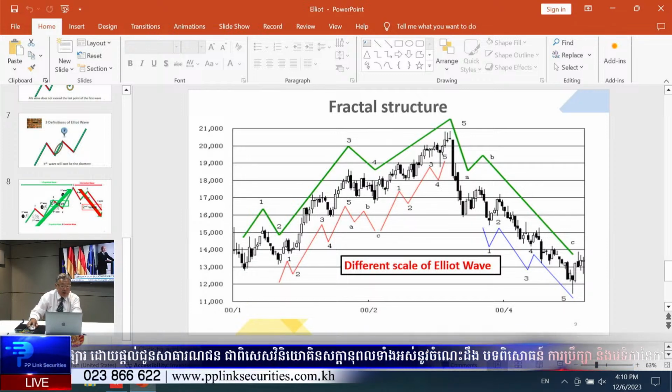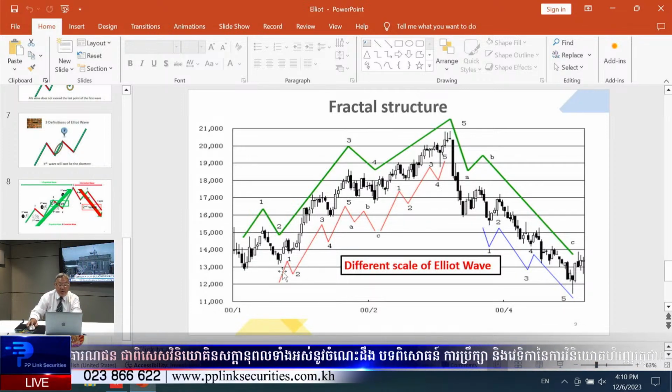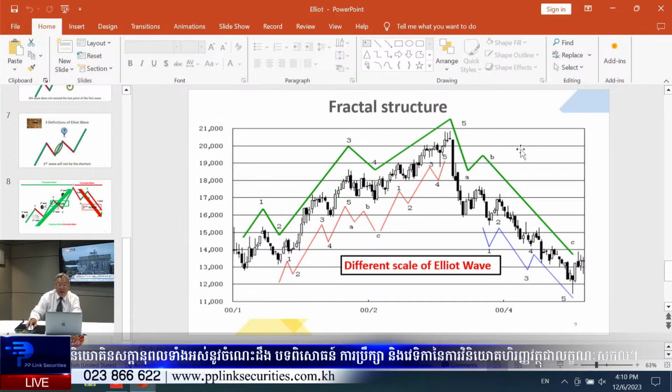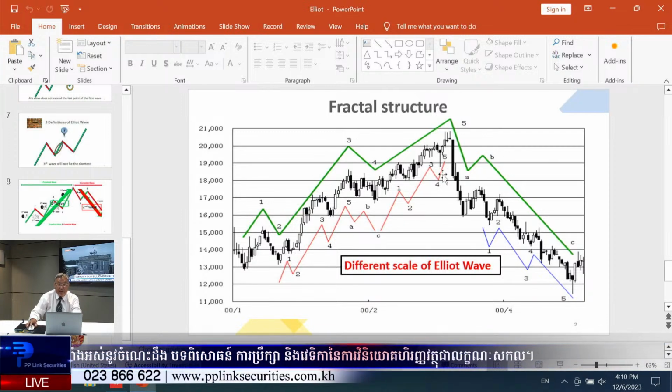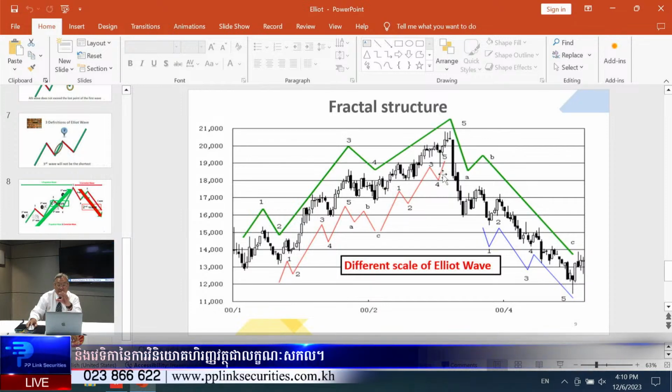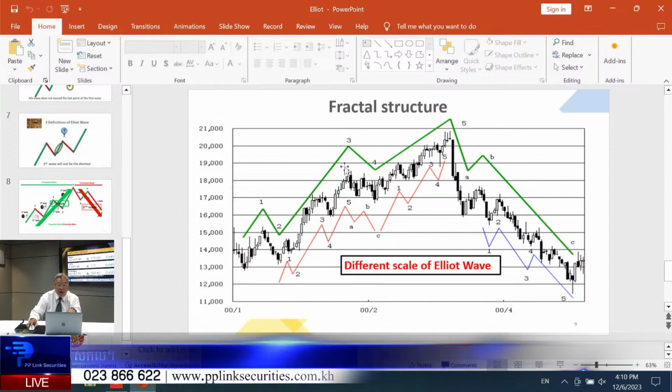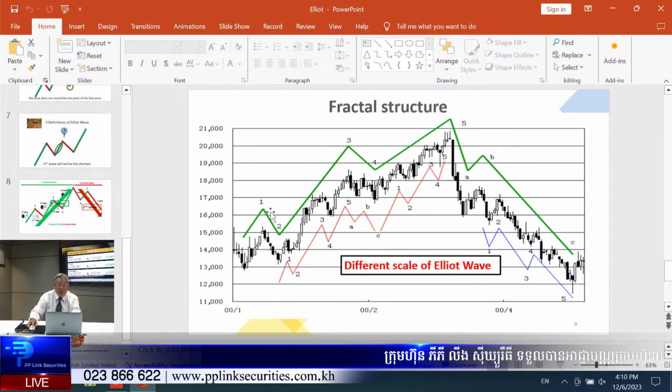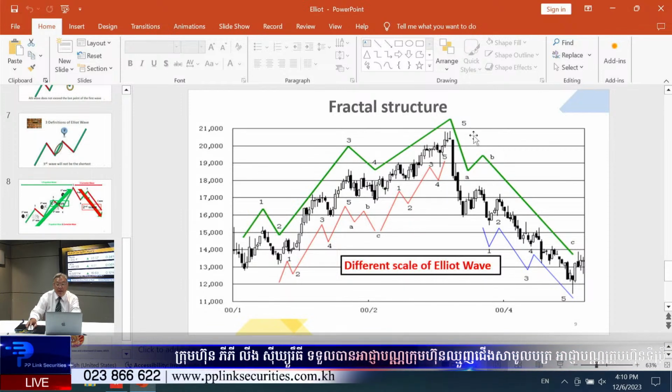And then this page 9 shows, as I mentioned to you, the green line and the red line are different because of how to apply the Elliott wave to this chart. Depending on the application, you can find out this is the typical Elliott wave pattern.